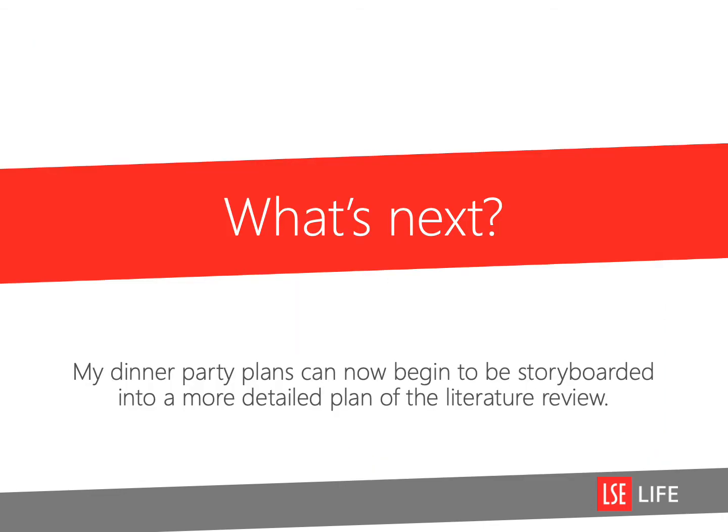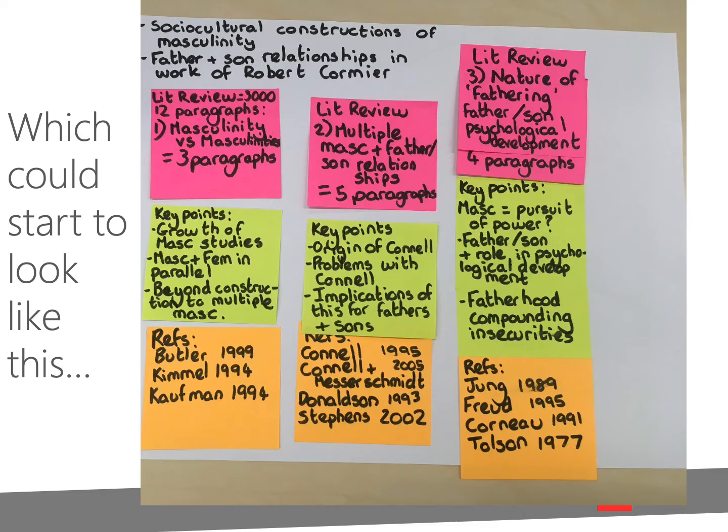So what's next? Well, my dinner party plans can now begin to be storyboarded into a more detailed plan of the literature review, which could start to look something like this. As you can see, I've started to think about the literature review as a whole, and I'm imagining I'll dedicate 3,000 words to this section. A quick calculation based on the typical length of paragraphs in my writing means I'm probably looking at around 12 paragraphs.